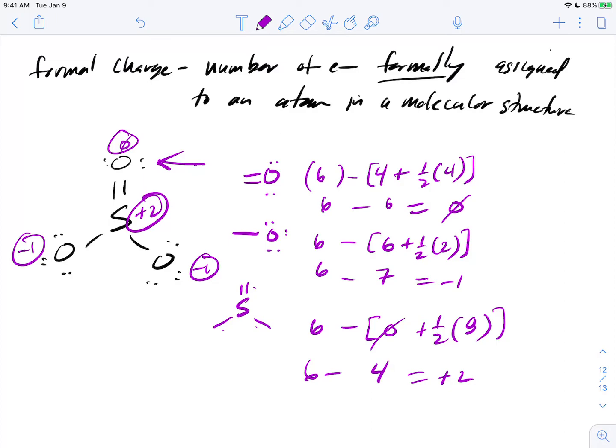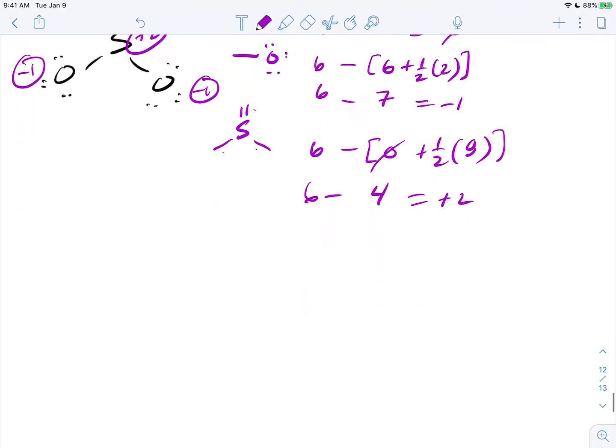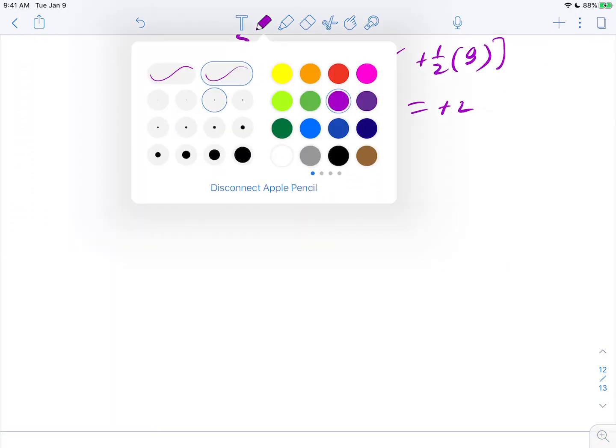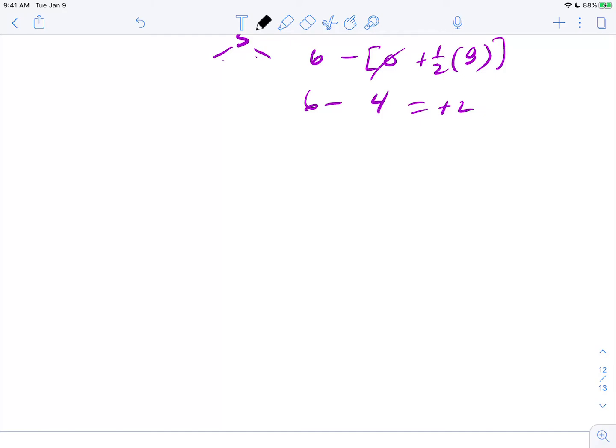And so if we have multiple structures and we're trying to determine what is the best structure, then we have 2 rules, and we're going to first state the rules, and we're going to use them in an example. So the first rule is that we would like to have the most formal charges of 0. So formal charges equaling 0 represents the best structure.